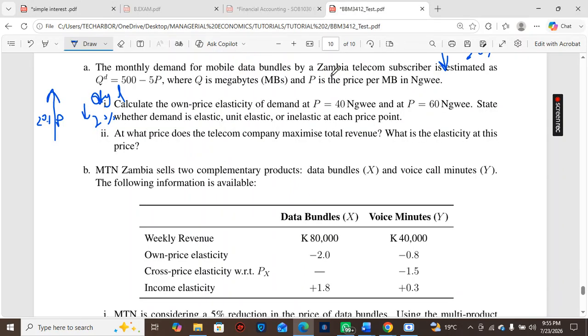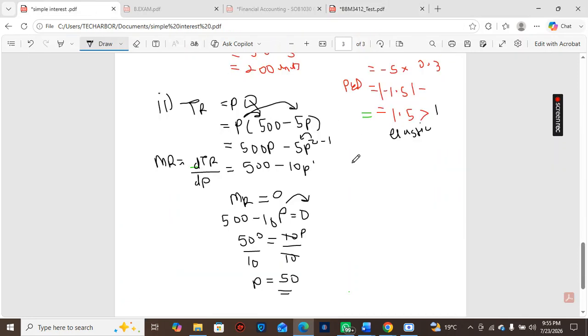And then they're asking us, what is the elasticity at this price? So again, let's substitute P equals 50 into our demand function so that we get our quantity. So Q equals 500 minus 5P.